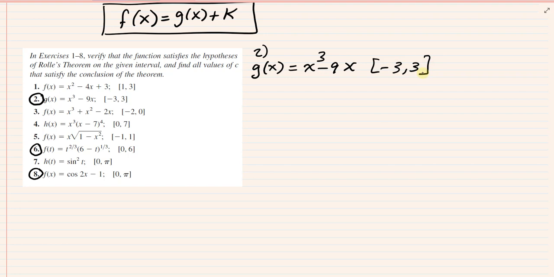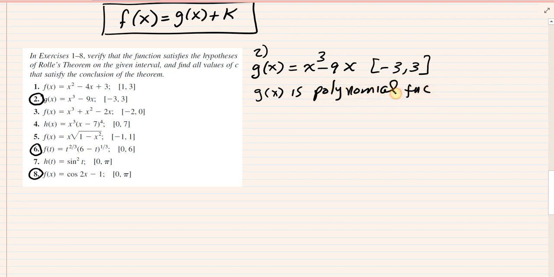So what is the hypothesis? Does it satisfy the hypothesis of Rolle's theorem? Well, the hypothesis of Rolle's theorem was that the function must be continuous on a closed interval and differentiable on the open interval. Well, g of x is a polynomial function, right?